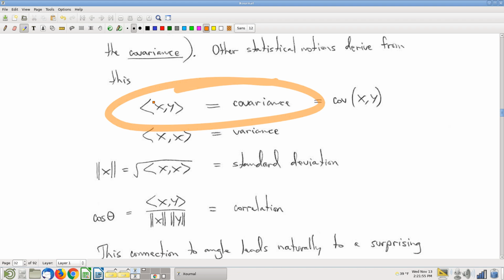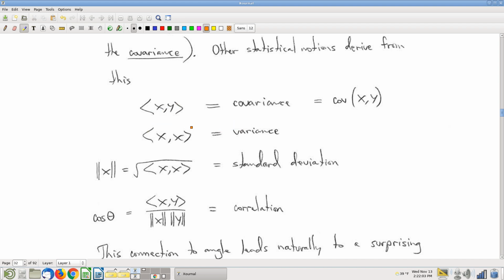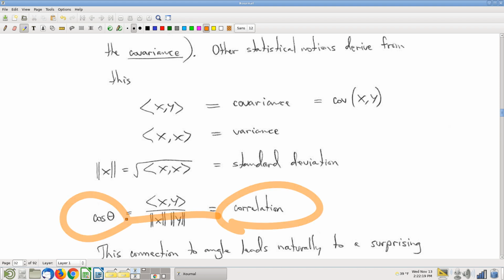This statistics relation, whose satisfying this abstract property of being an inner product I deride as pointless, lets you relate other statistical notions to formulas that involve that inner product. In particular, one of them, correlation, relates to angle. And that's super weird.